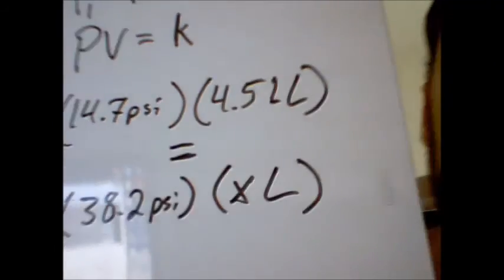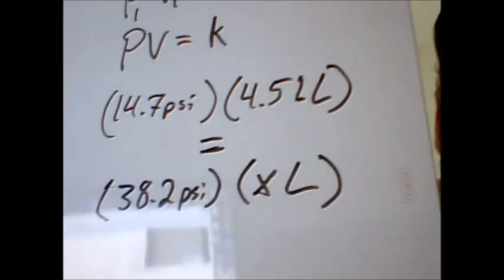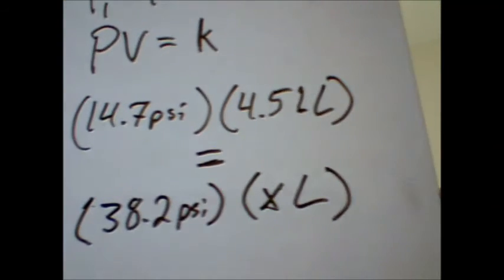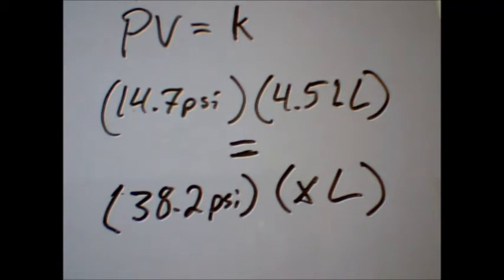And the other side of that equation is going to be P2 and V2. So that's going to be 38.2 psi times X liters. All right. So here we have it. 38.2 psi times X liters equals 14.7 psi times 4.51 liters.